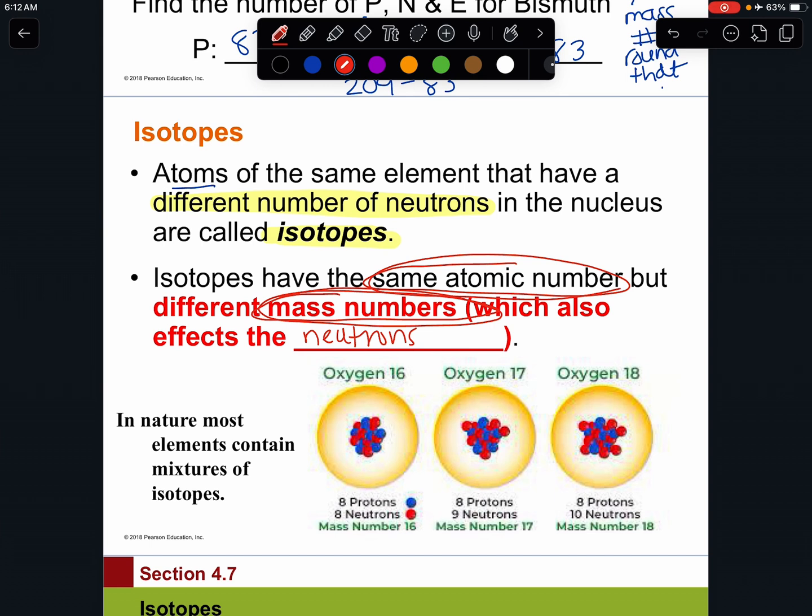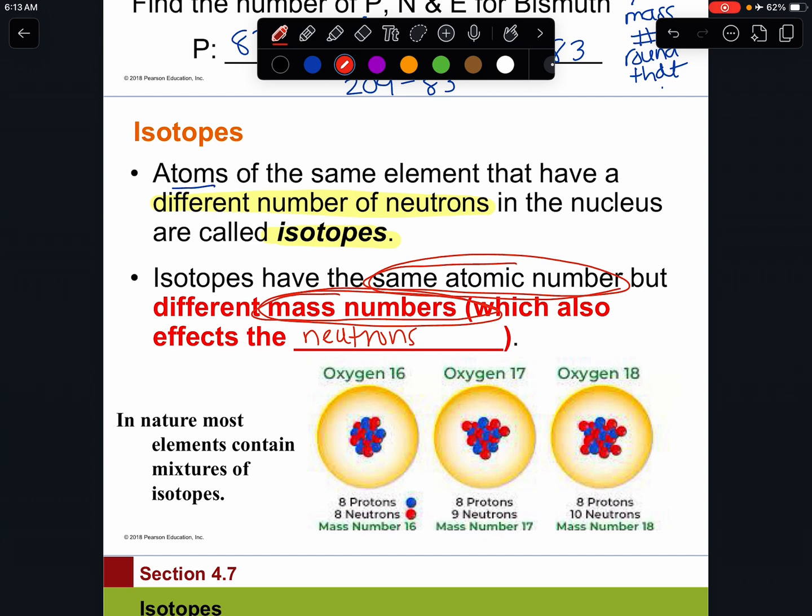Now, in nature, most elements are a mixture of isotopes. Let's say we had a large sample of carbon that we found somewhere. It would be a mixture of carbon with a mass of 12, carbon with a mass of 13, carbon with a mass of 14. The atomic number never changes. It is still carbon, but it does change the mass and therefore the neutrons.